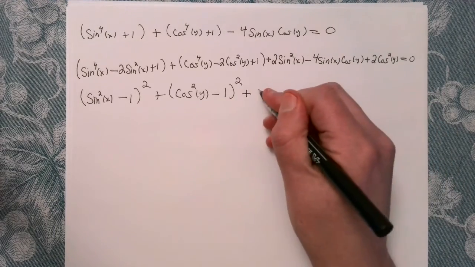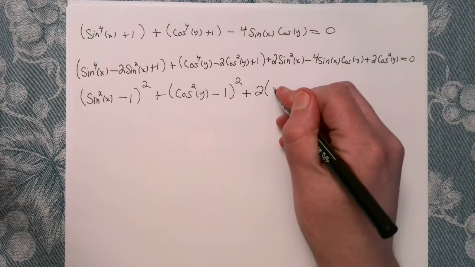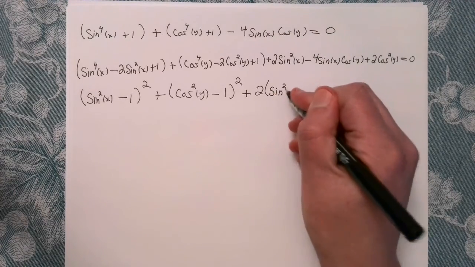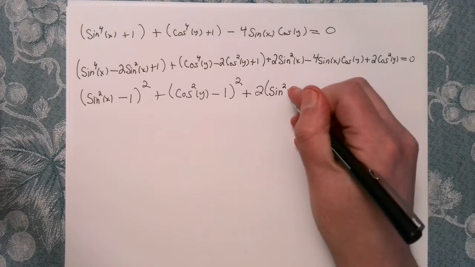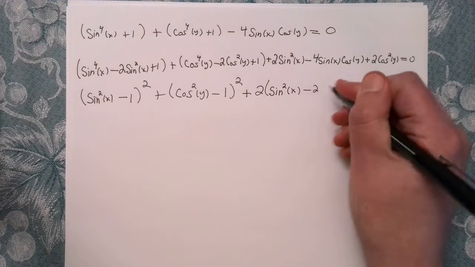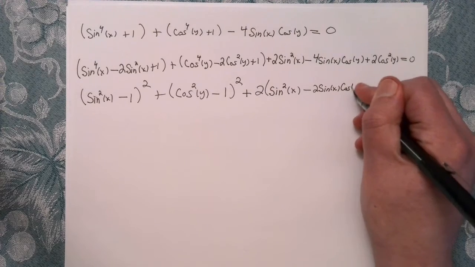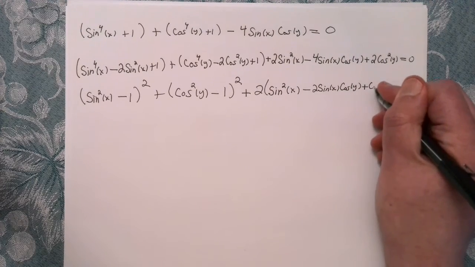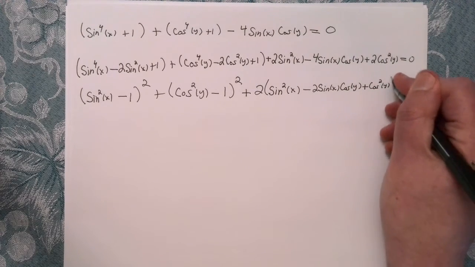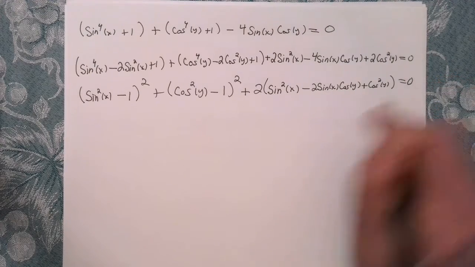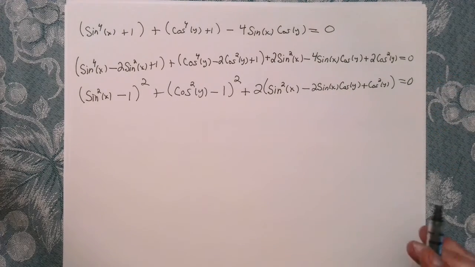Here we said we're going to factor a 2 out, so that'll be 2 times the quantity sine squared of x minus 2 sine of x times the cosine of y plus cosine squared of y. That's equal to 0. So that seems pretty nice so far.